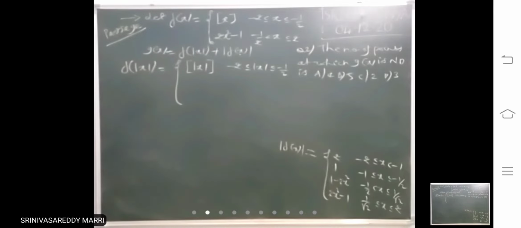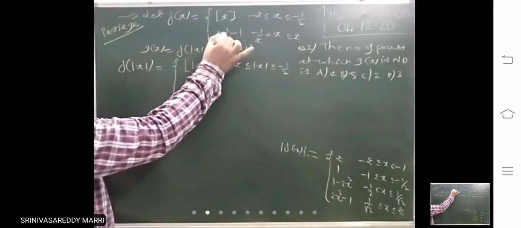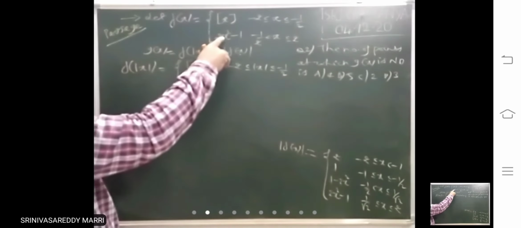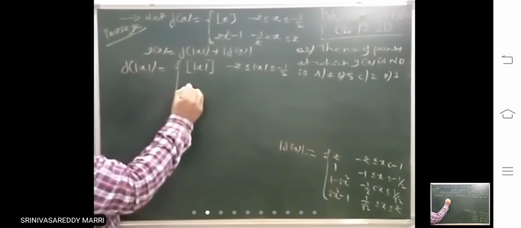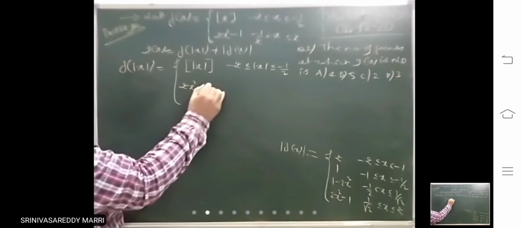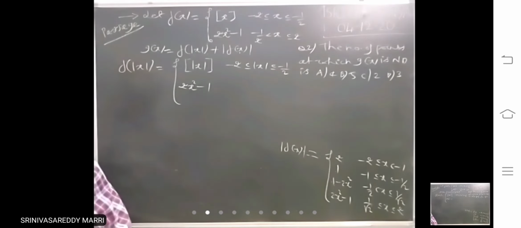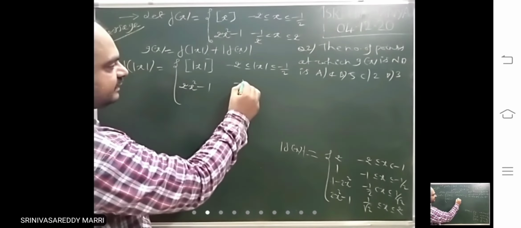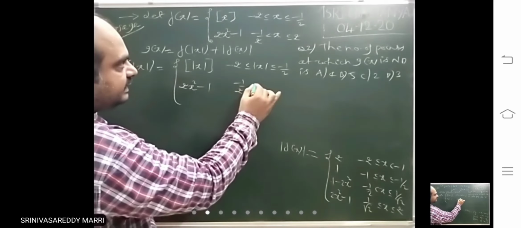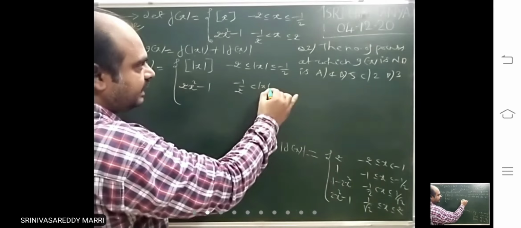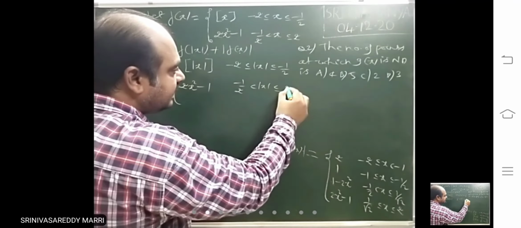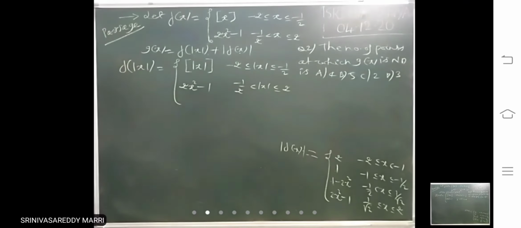So then here in place of x, modulus x means modulus x whole square. Modulus x whole square is nothing but x square. Same you will get, modulus x whole square means plus or minus x whole square. What is this? You will get minus 2, minus 1 by 2 less than modulus x less than or equal to 2.